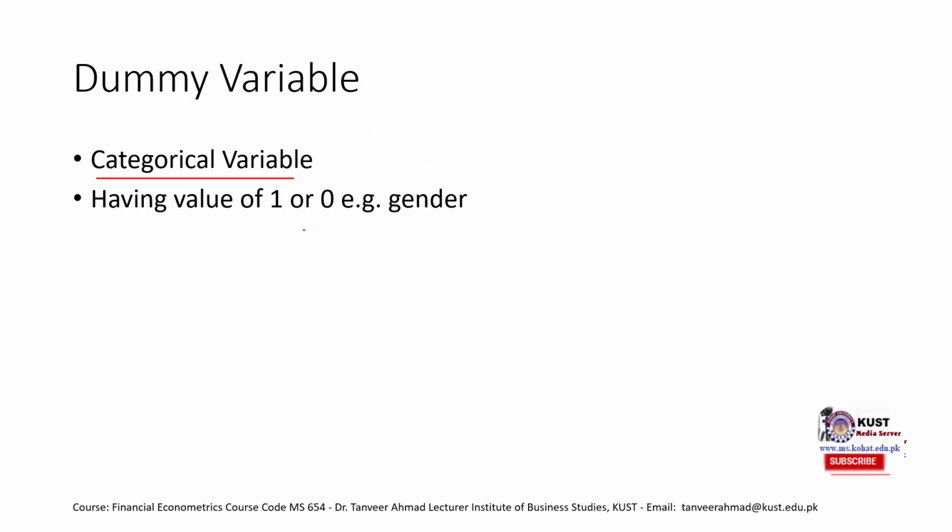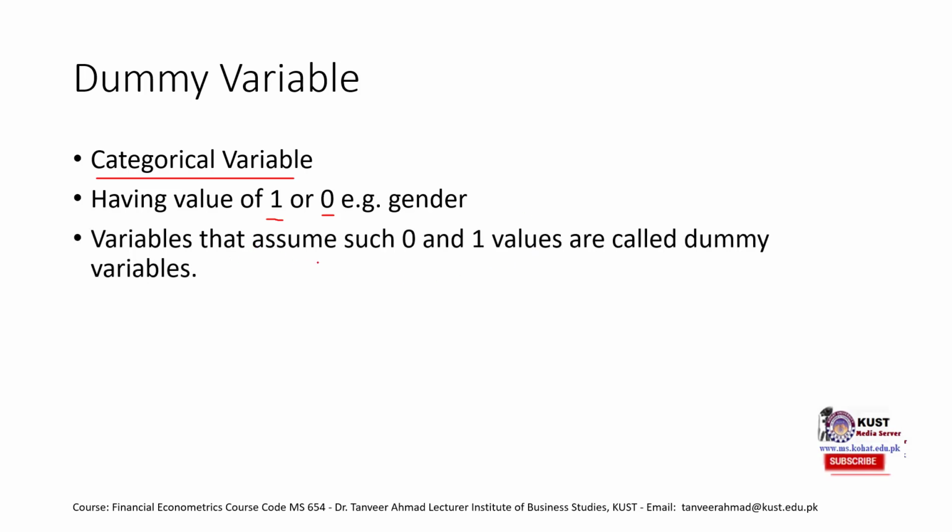If we have a gender variable, we have male and female, so we would code one value of that gender variable as 1 and the other as 0. For example, we can code male as 1 and female as 0, or the other way around, it won't matter. Variables that assume values such as 0 or 1 are called dummy variables.